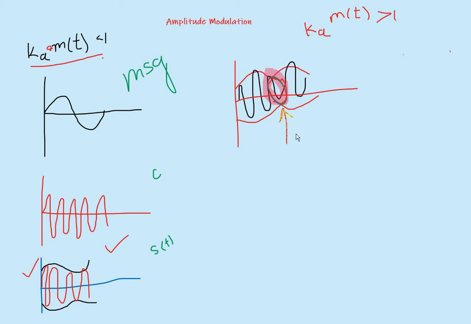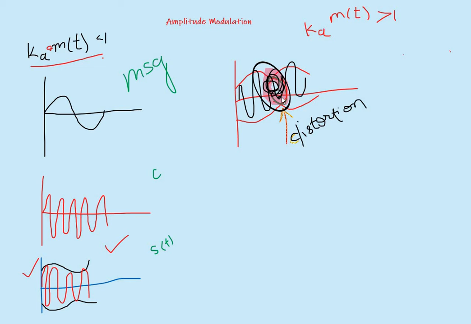So crosstalk is happening, and at this point it becomes very difficult to recover the message signal. This is called distortion, and because of this distortion, it is very difficult to get our message in this particular region.